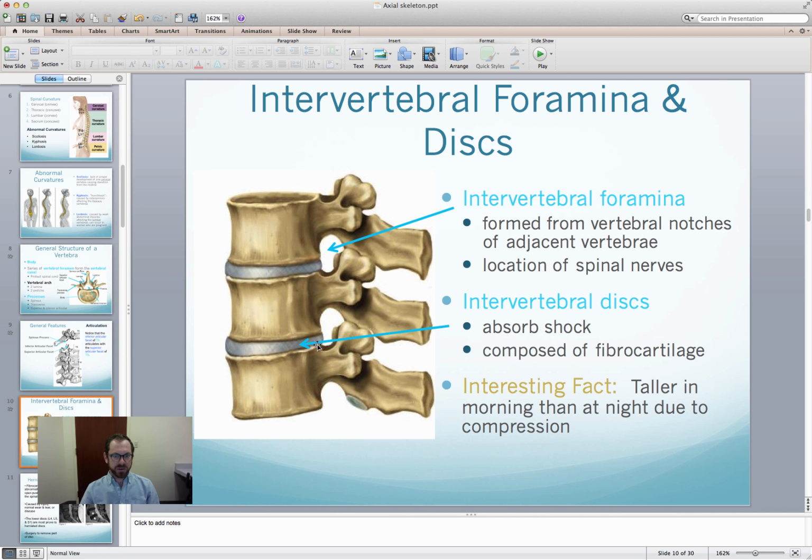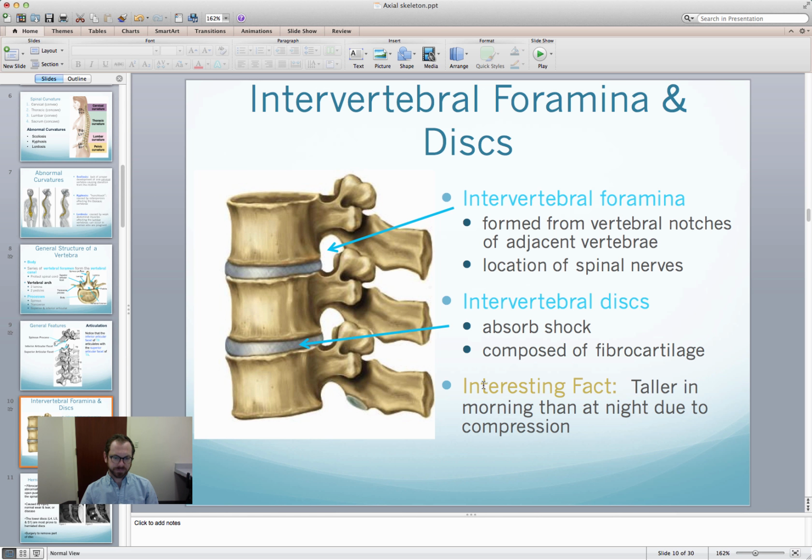Here we're indicating those intervertebral discs so we can see where that fibrocartilage is going to be found in between two vertebrae. And just some more discussion on this. This feature is going to absorb shock. It's going to prevent these bones from rubbing together. And they are going to be affected by gravity.